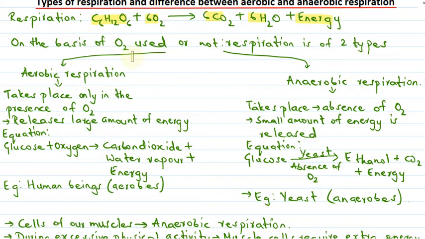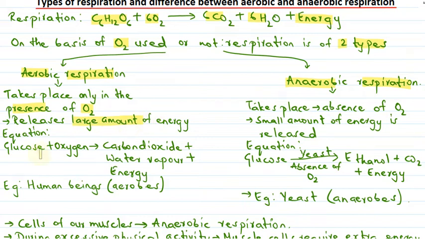Now, on the basis of whether oxygen is used or not during the process of respiration, respiration can be of two types. One is aerobic respiration and the other is anaerobic respiration. So, aerobic respiration is a type of respiration that only takes place in the presence of oxygen, and during this process, large amount of energy is released.